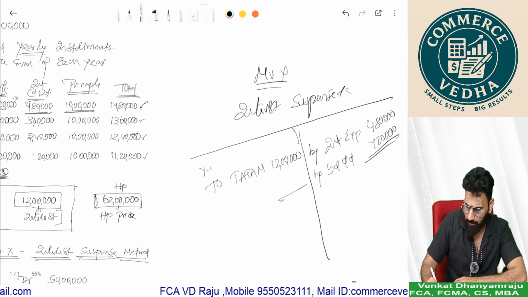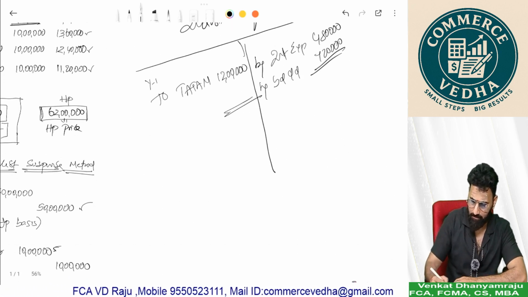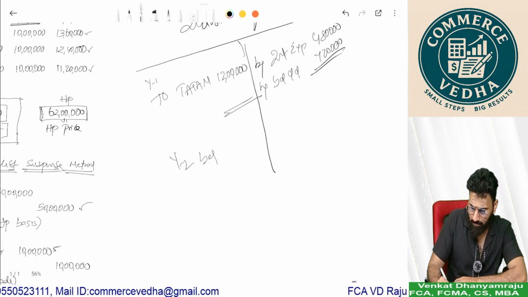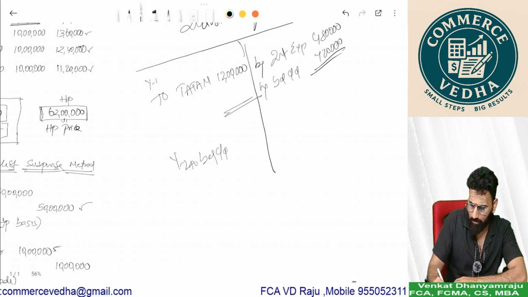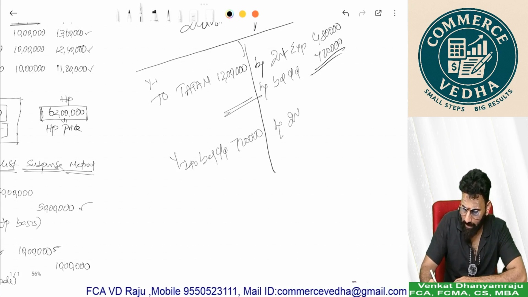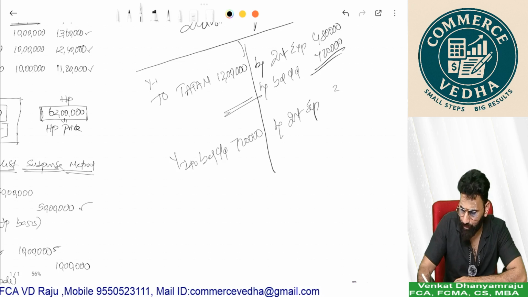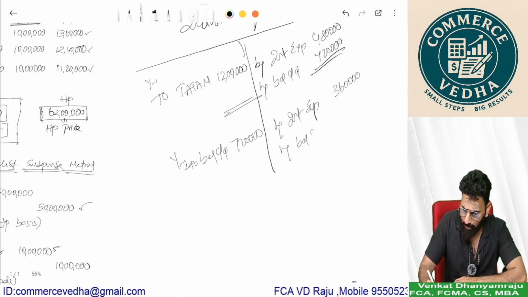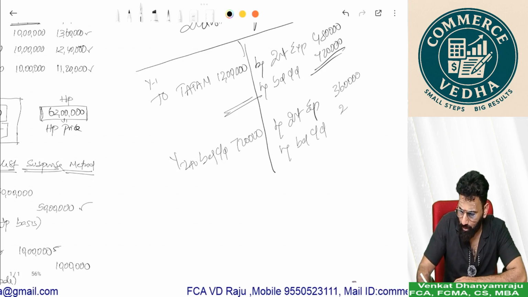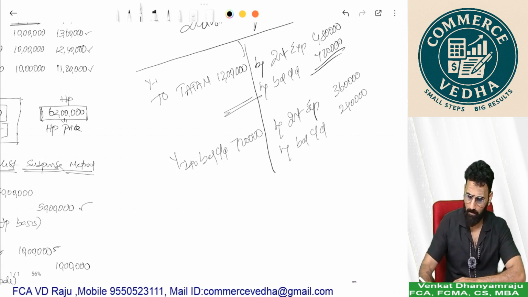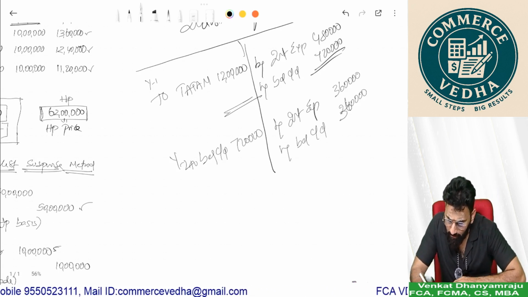First year done. Second year, year 2, balance carried down 720. By interest expense 360. By balance carried down 240. 360.